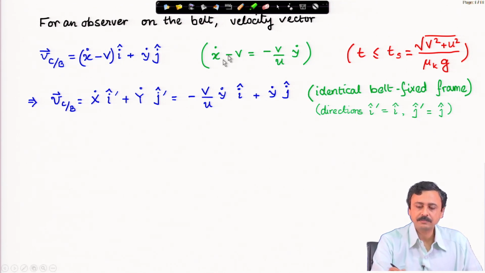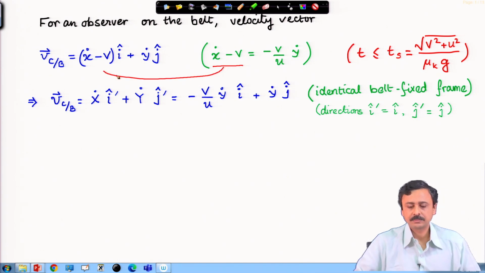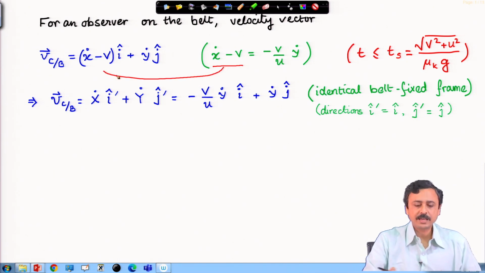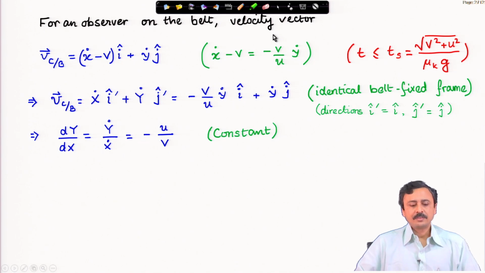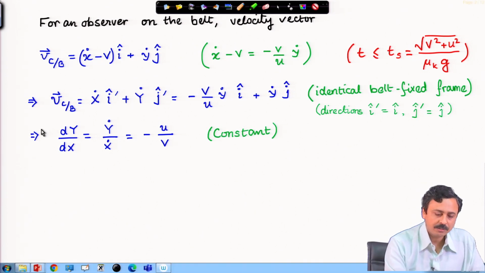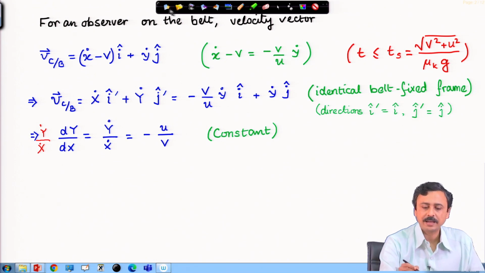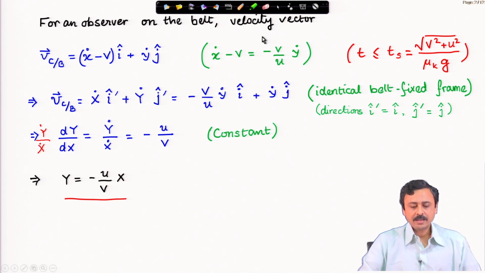which I obtained by substituting this here. These two must be the same, and i cap prime and i cap are the same, j cap prime and j cap are the same. Therefore, I just divide, so y dot by x dot, which I can write as dy by dx is minus u by V, again a constant.